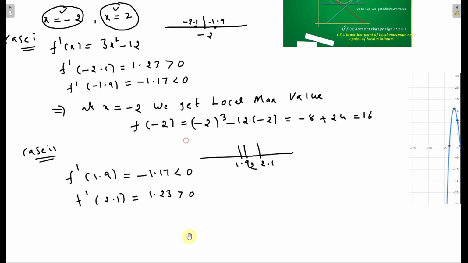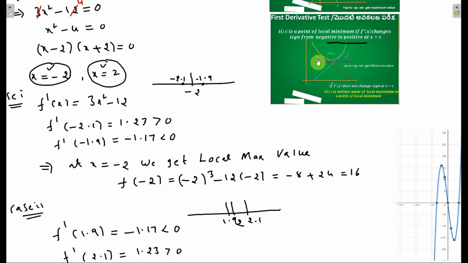Since the sign changes from negative to positive, so already we know when the sign changes from negative to positive, we get a local minimum value, that I am writing here.